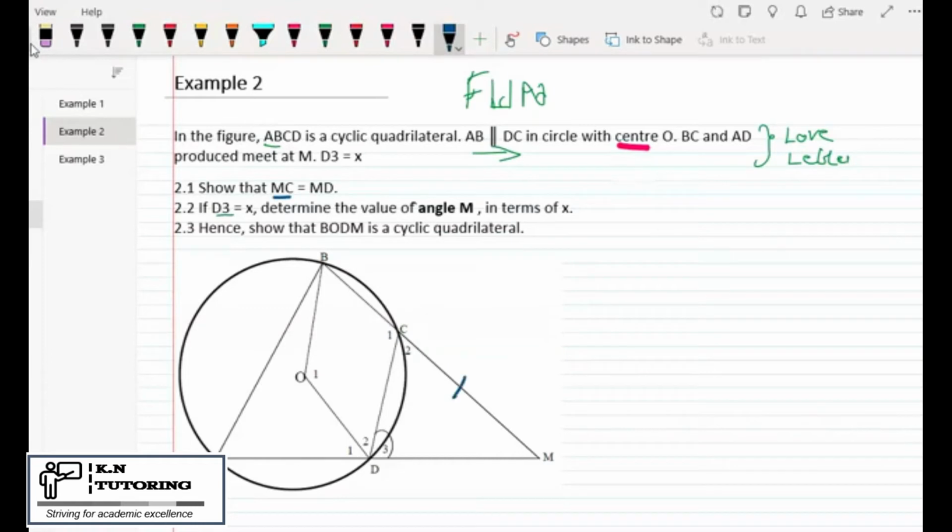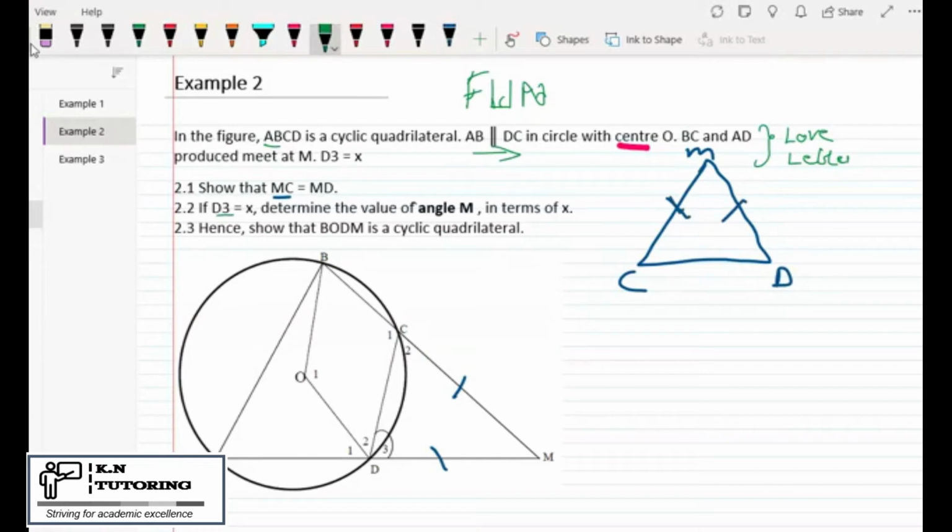There's my MC and I need to prove that it's equal to MD. So I'm going to isolate this so that I can see it nicely, so that I can dissect it nicely, so that I can see what is there and what is required. I've got M there, I've got C there, and I've got D there. I have to prove that this line is equal to that line.